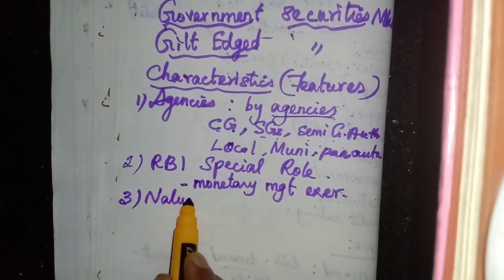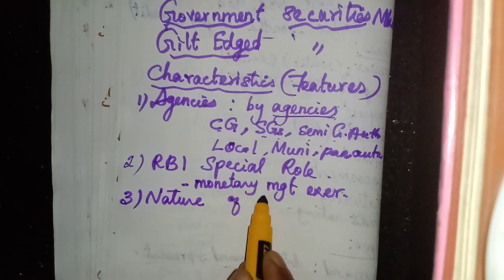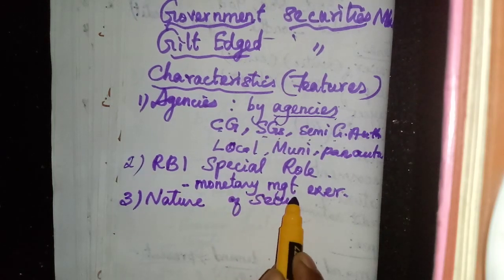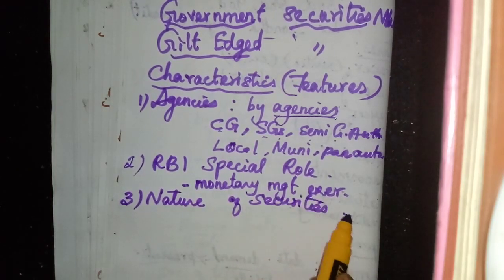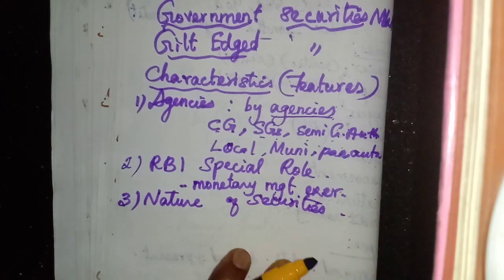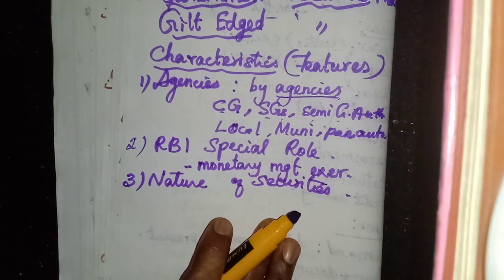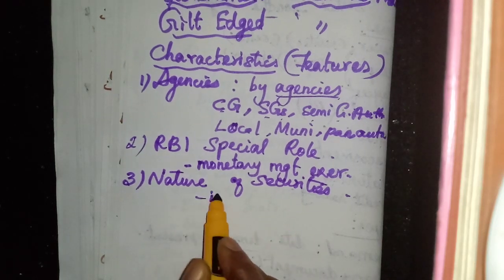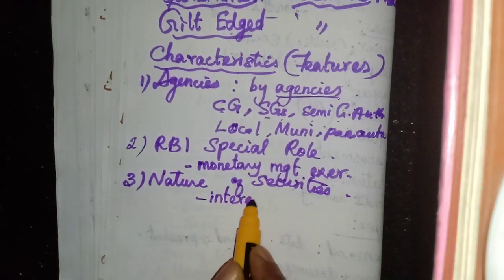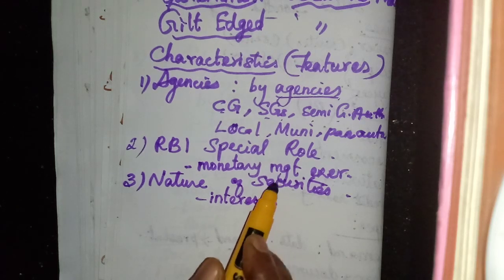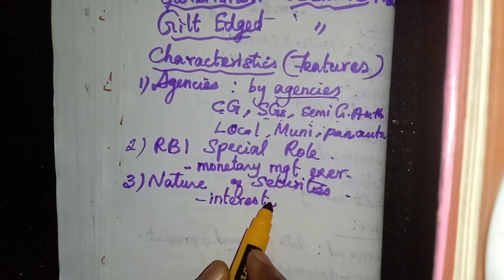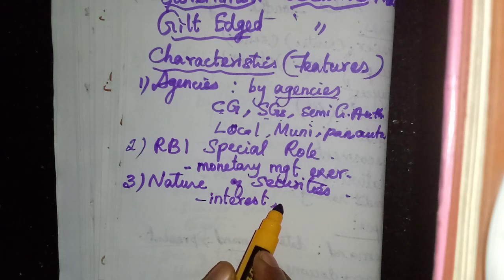Nature of securities. What do these government securities provide? They provide a guaranteed payment of interest. If we purchase these government securities, a fixed rate of interest will be given, either yearly or monthly.